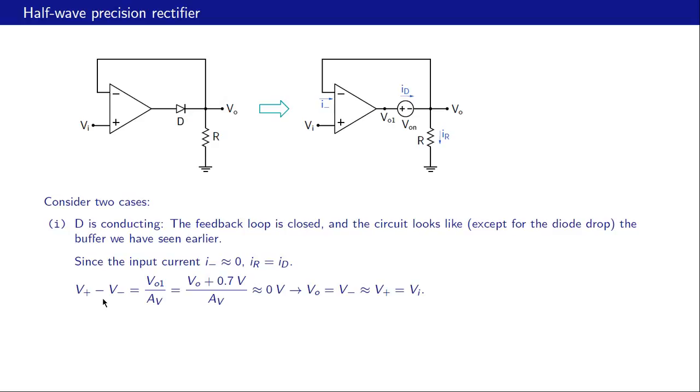Therefore V plus minus V minus is VO plus 0.7 divided by AV. Now since AV is such a large number, this quantity is nearly 0 volts, and therefore V plus and V minus are nearly equal. What is VO now? VO is the same as V minus, and therefore VO is nearly equal to V plus, which is the same as Vi. So when the diode is conducting, we have Vo equal to Vi.